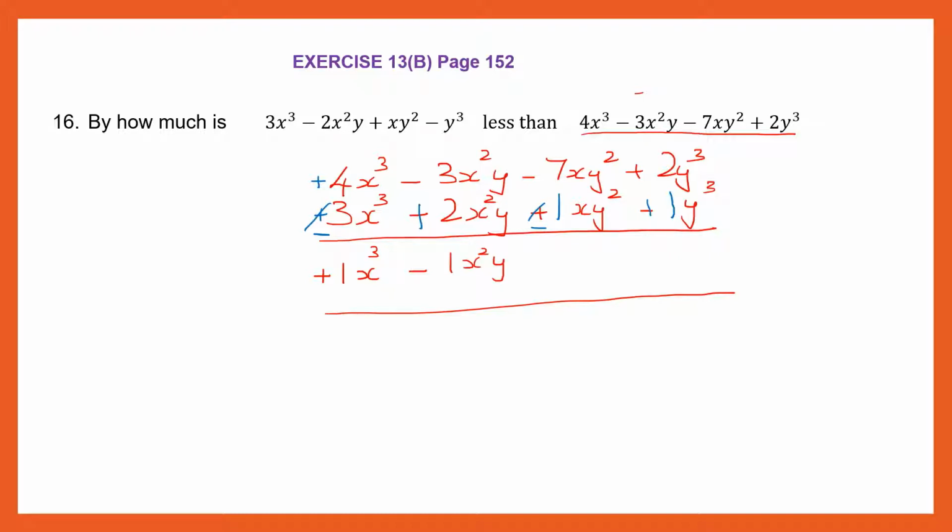Here signs are the same. Put the same sign and add the numbers. 7 plus 1 is 8xy square. Here the signs are the same. Put the same sign and add the numbers. 2 plus 1 is 3y cubed.